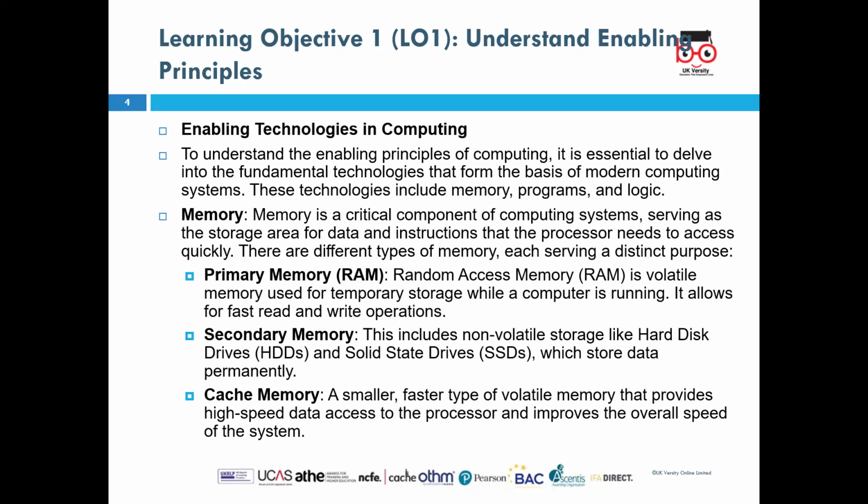While with our secondary memory, which is our ROM, this is not volatile, so any information that we store stays in the computer, for instance images, videos, or whatever. With our random access memory, we just need memory to access certain types of software and applications. Cache memory is a smaller, faster type of volatile memory, and it also provides high speed data access to our processor.